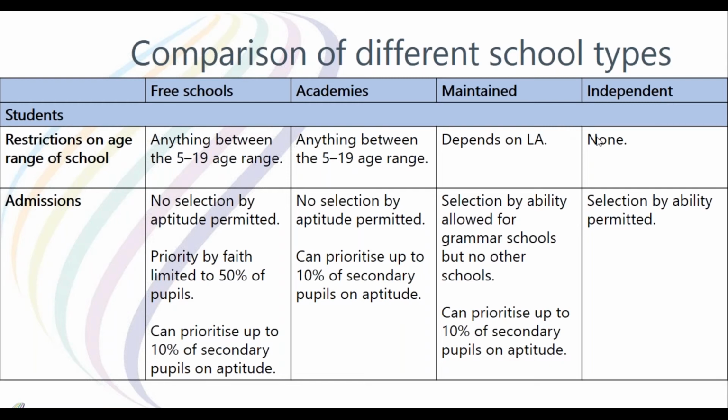However, priority, well, free schools anyway, priority by faith limited to 50% of pupils, and they can prioritise up to 10% of secondary pupils on aptitude. Academies can prioritise up to 10% of secondary pupils on aptitude. For maintained schools, selection by ability allowed for grammar schools but no other schools, and like free schools and academies, can prioritise up to 10% on pupils' aptitude.